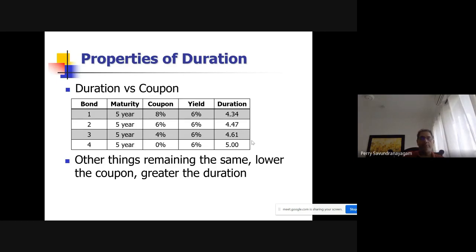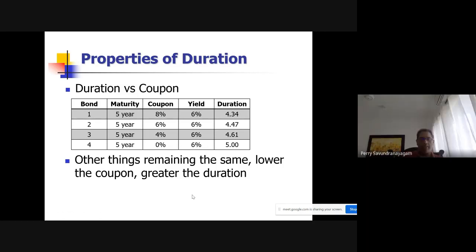Agreed or not agreed? If tomorrow the YTM goes to 5%, I'll make 1% per annum. If this has gone from 6 to 5, will I make money or lose money? If I buy this at 6% and the interest rates go down to 5%, will I make money or lose money?